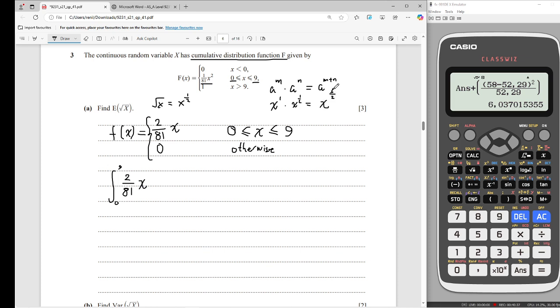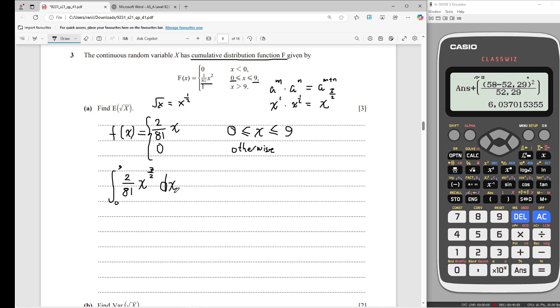So using that simple law, we can find out that the exponent is 3 by 2. It isn't really necessary to show the calculation over here, but this is just for understanding. You can go directly into this equation, and we have to integrate this with respect to x.